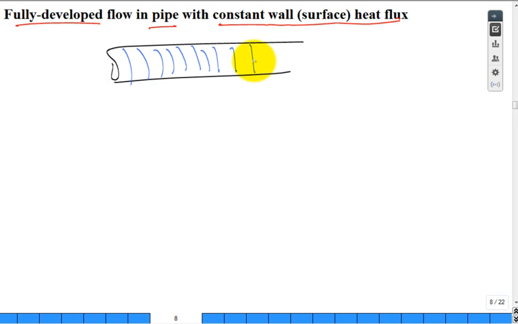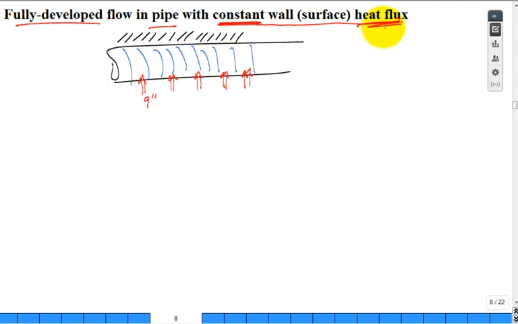And I wrap all of this in some insulation such that all of that heat from that uniformly wrapped electric wire goes through the wall of the tube into the fluid. And so from the perspective of the fluid, Q double prime is a constant. For every little inch of pipe, you're dumping in the same flux. It's not increasing flux as I go down. This is the case of a constant wall heat flux. Hopefully you have a physical idea how you could experimentally set that up in a lab.